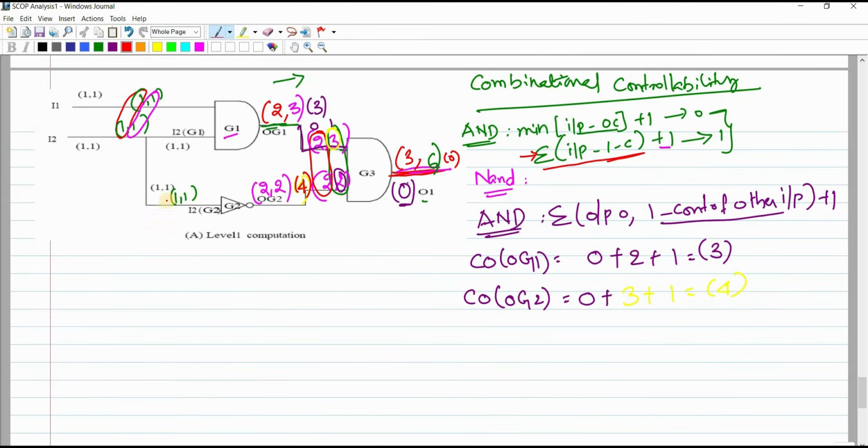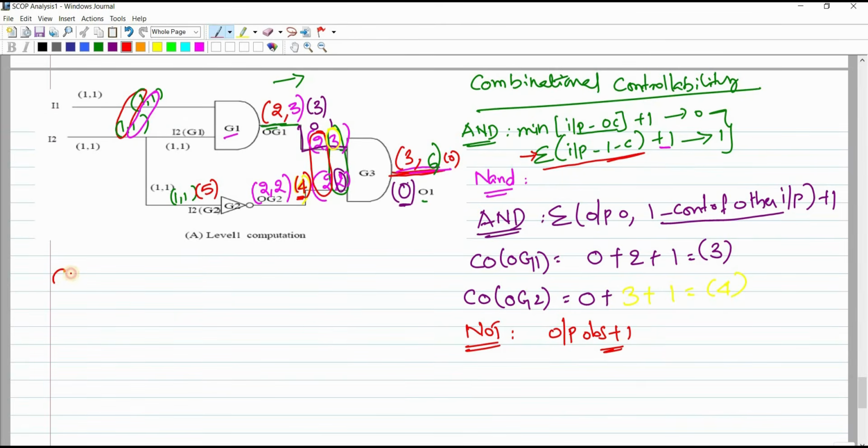So what is this at this point? For a NOT gate, if you want to calculate combinational observability, the formula is output observability plus 1. What is the output observability here? 4. Output observability plus 1 means 5 is the observability at this point. In similar manner, I have to find out the combinational observability of I1 and I2.